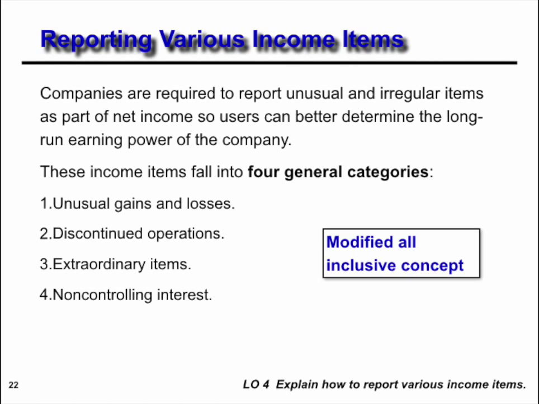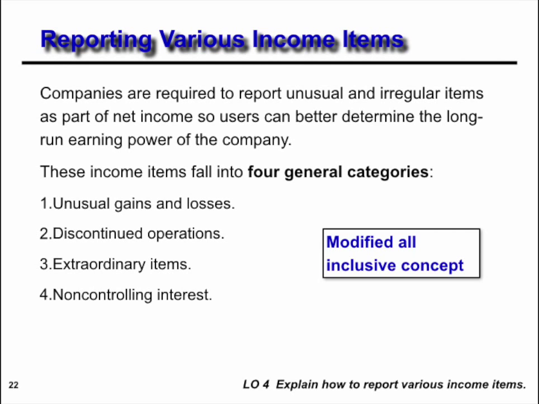An unusual gain or loss is an abnormal gain or loss that is typically unrelated to the business's ordinary operations. In other words, this is a gain or loss that normally would not occur in the day-to-day operations of the business. The unusual characteristic is the first requirement of an extraordinary reporting item.